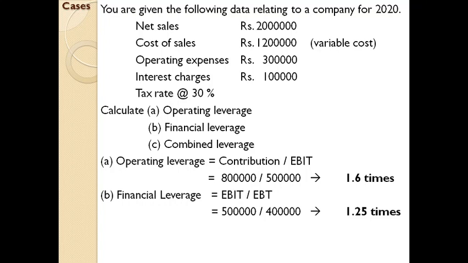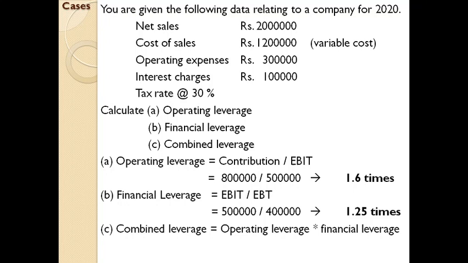And finally, combined leverage, you need to just multiply the leverages you have found. If you multiply operating leverage with financial leverage, you will get combined leverage. It is 1.6 into 1.25, you will get 2 times.